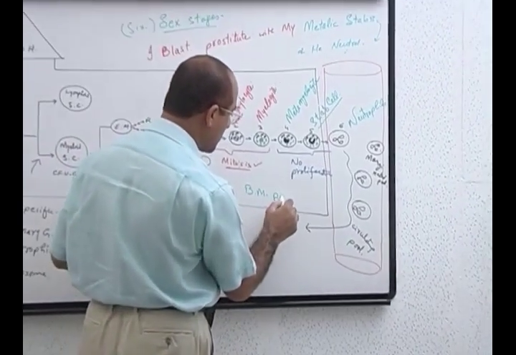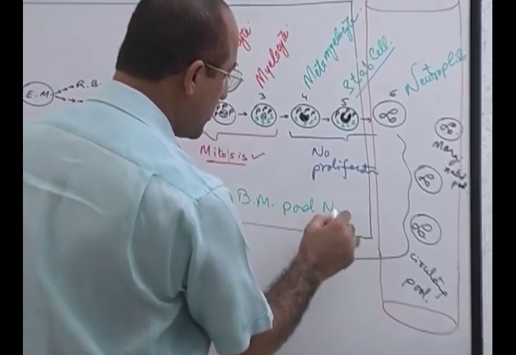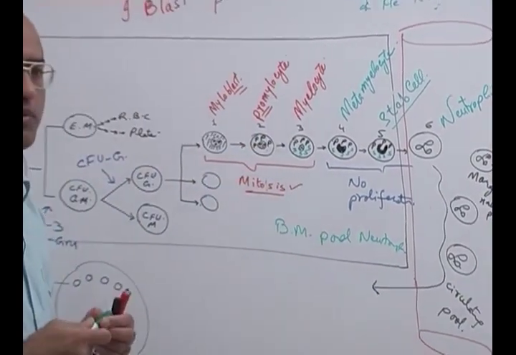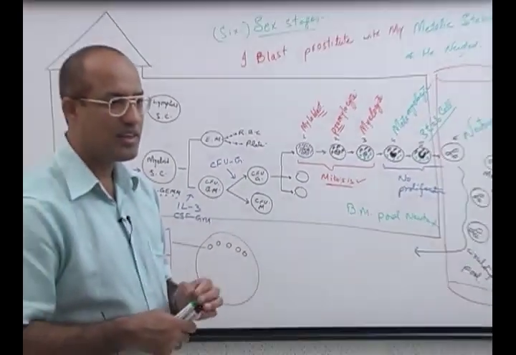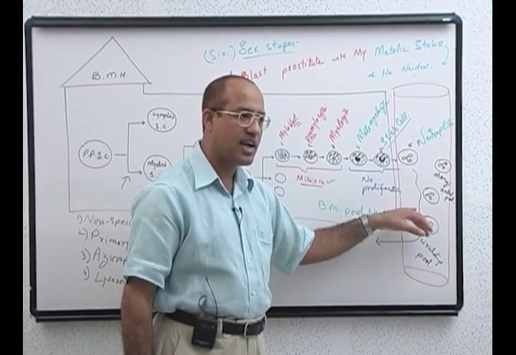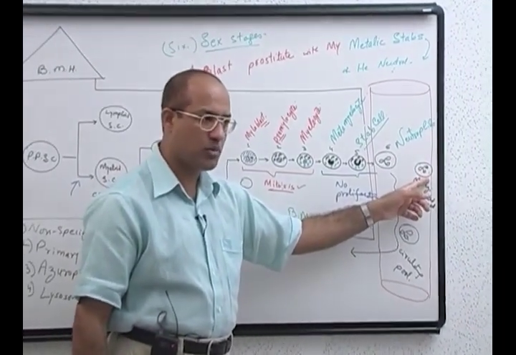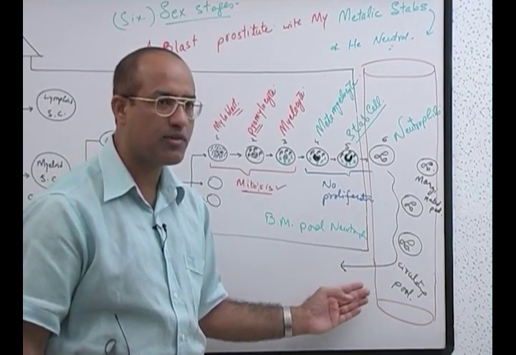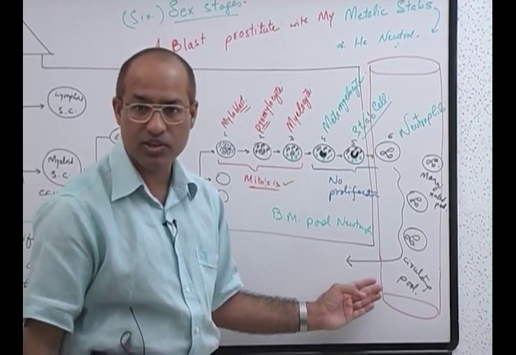Bone marrow pool of neutrophils. You may be thinking why I am telling you. The reason is that when you develop acute inflammation, a lot of cells from the bone marrow pool jump into circulation, and even the marginated pool comes into circulation, so that all of them can go to the area of inflammation and fight the infection, right?